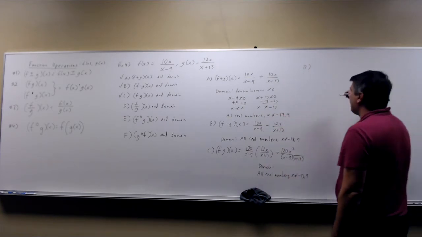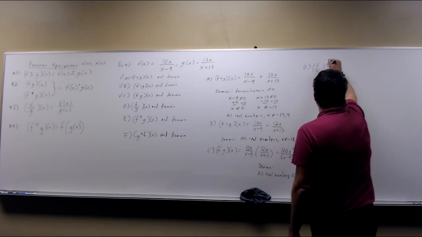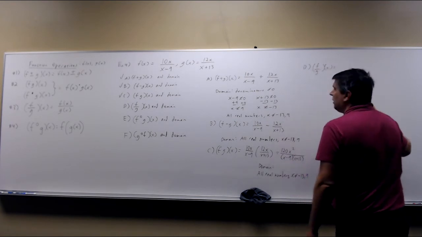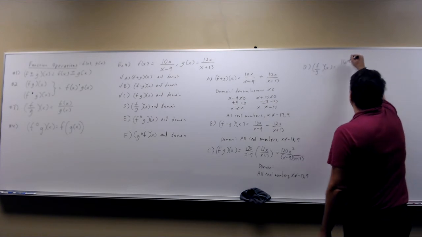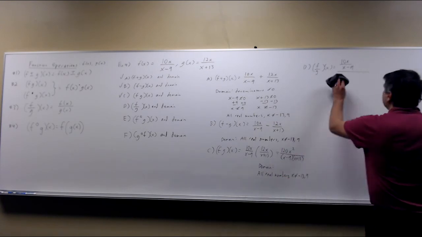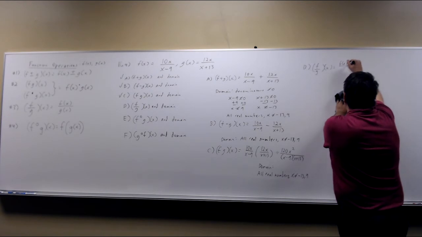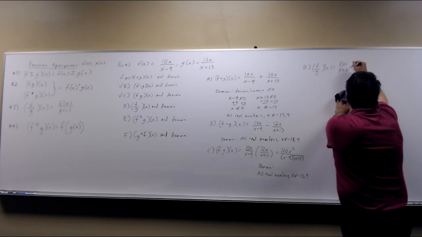Okay? f over g of x will equal 10x over x minus 9 over 12x over x plus 13. It's going to be f of x over g of x.